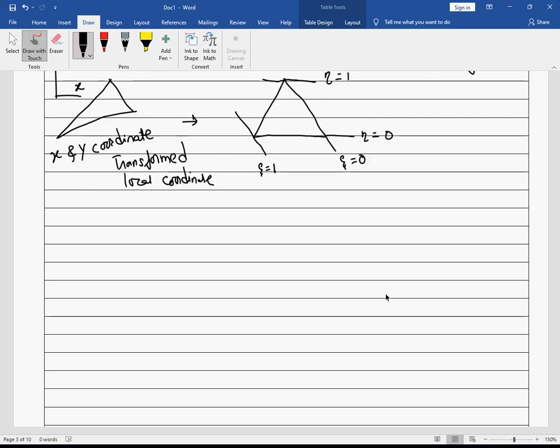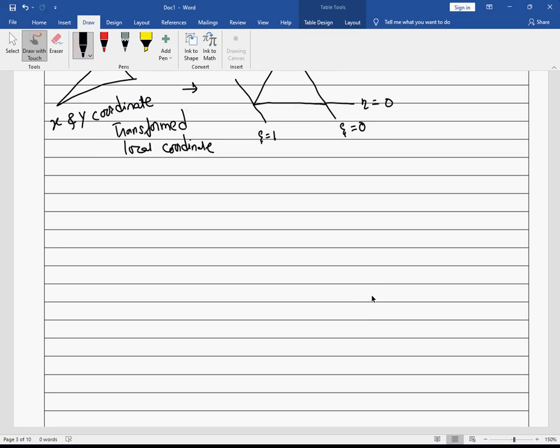So now the first thing we need to find out is the shape function. So whenever we have the element, we can use the formulation either isoparametric, superparametric or subparametric, whichever formulation is there, and for that we require the shape function that we should be aware of.